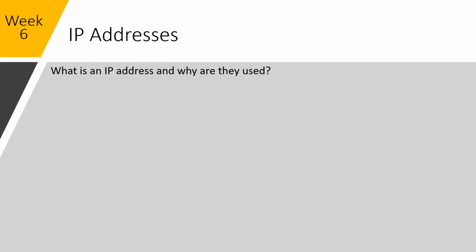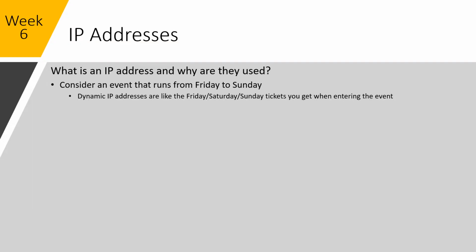So what is an IP address and why are they used? IP addresses have to be unique. This is a conceptual example that I liked and left in here. Consider an event that runs from Friday to Sunday.